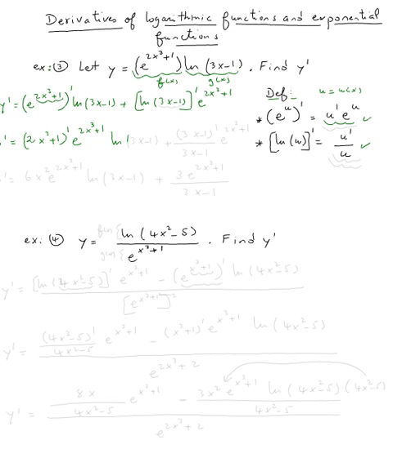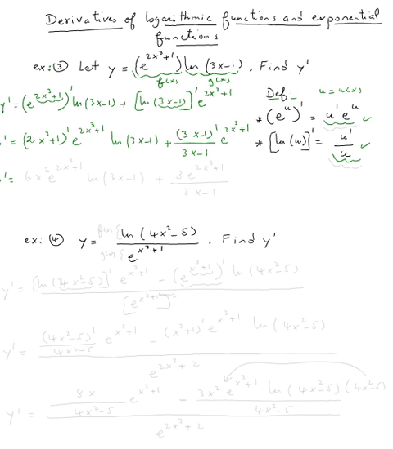Don't forget ln of 3x minus 1 plus. Now derivative of ln of 3x minus 1, thinking this is a u, so it's going to be plus u prime. Definition is right here. U prime over u, right? Derivative of u over u times e to x cubed plus 1.